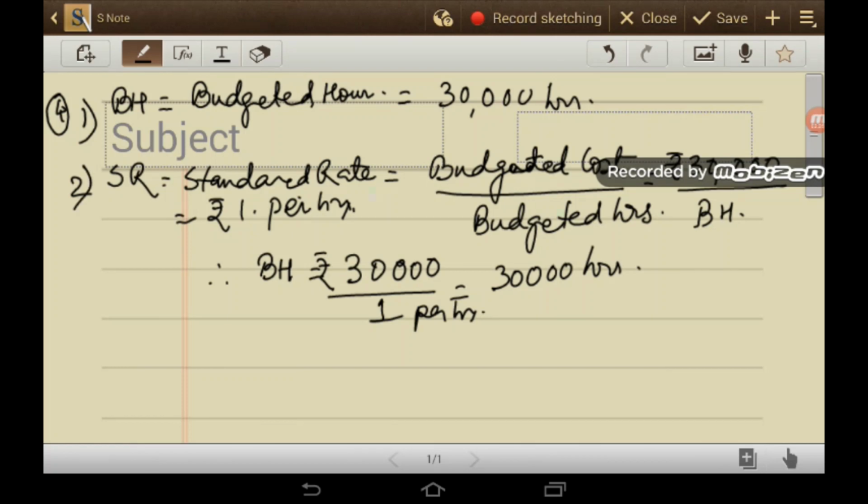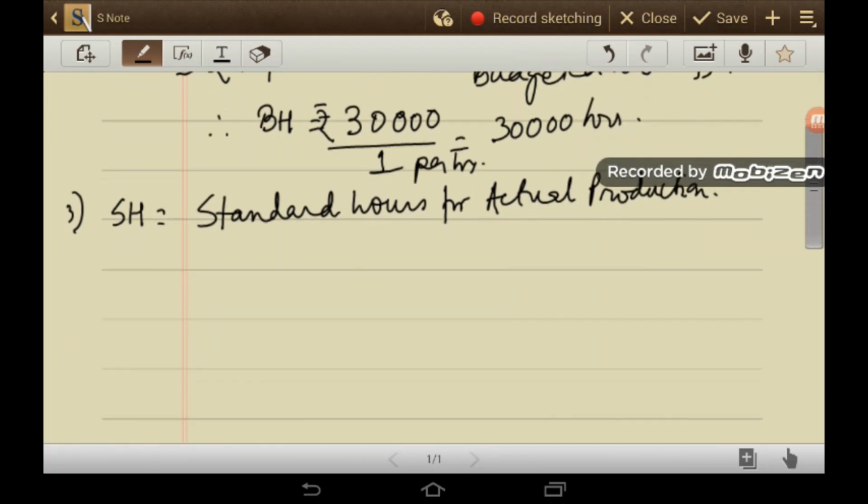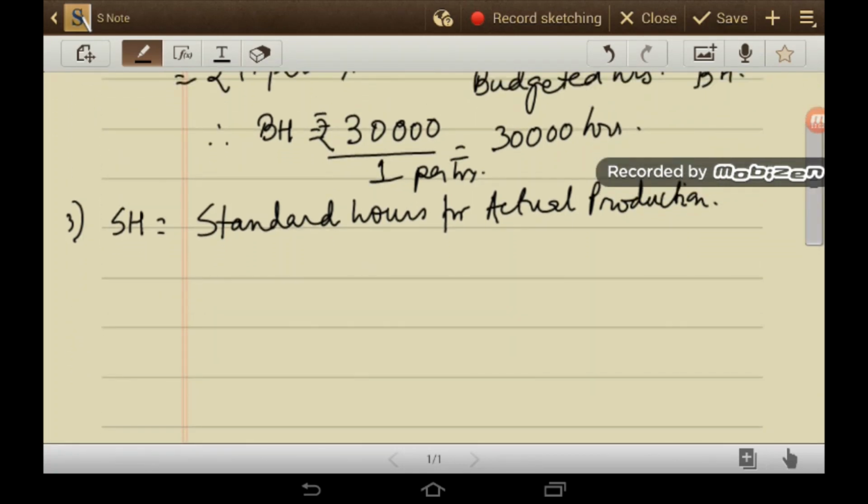Then you need to find out the third parameter, which is the standard hour, SH. This is standard hours for actual production. You take some time to understand what I have done right now. Now, in order to find out the standard hour for actual production, you need the actual production, which is given.